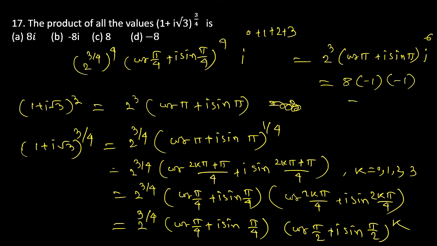Okay, so we get 8. So the product of all values of (1 plus i root 3) whole to the power 3 by 4 is 8. So answer C is correct. Next problem.